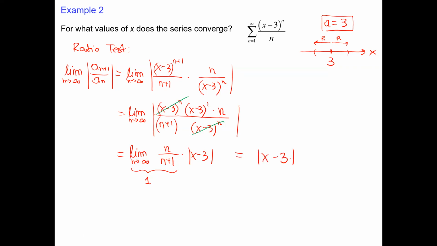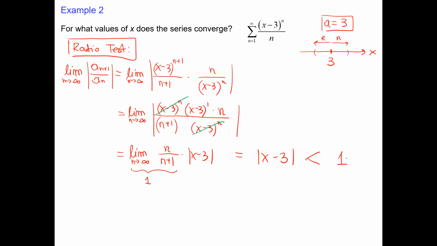By the ratio test, our limit depends on x, because that's typical. And we know that in order for the series to be convergent, the limit must be less than 1.